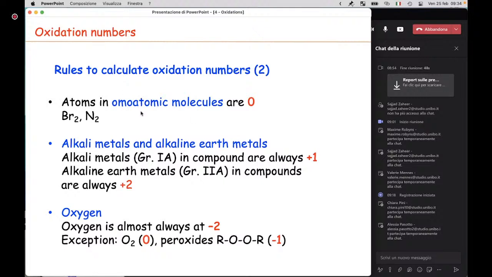I have already said that homoatomic molecules that don't have a charge, just like bromine or nitrogen or oxygen, O2, if the sum must be 0, both atoms will have the same electronegativity, so their oxidation number will be the same, and it should be, of course, exactly 0.